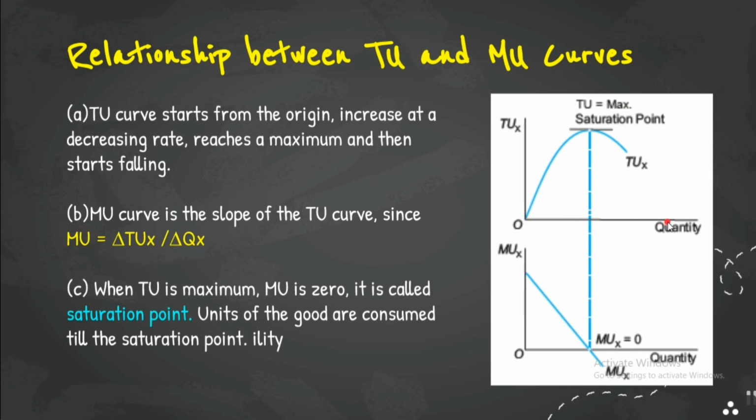With the increase in the units of chocolate I'm giving you, your total utility is increasing, but this curve is somewhat concave, right? This concaveness of the curve says that your total utility is increasing but at a diminishing rate.